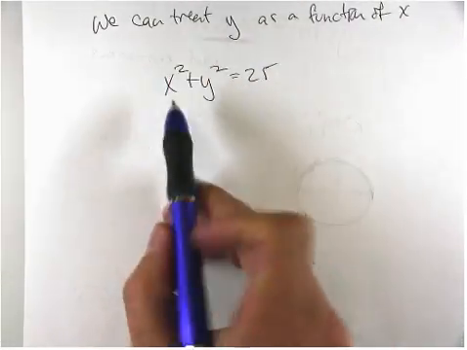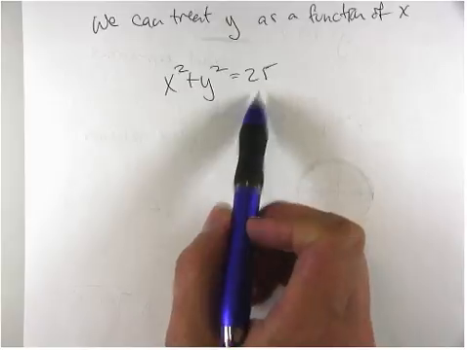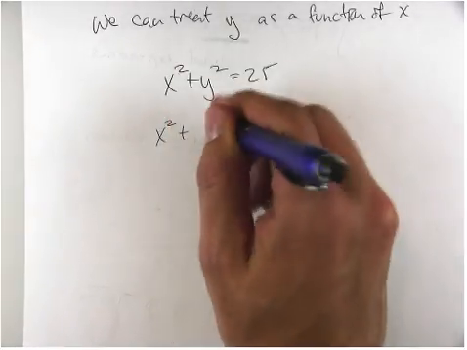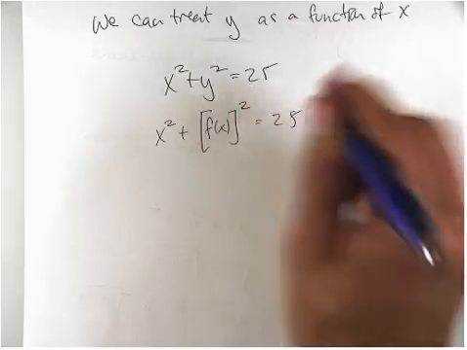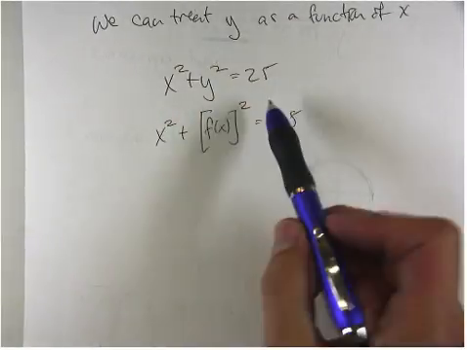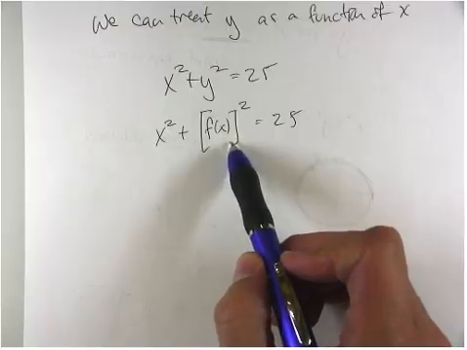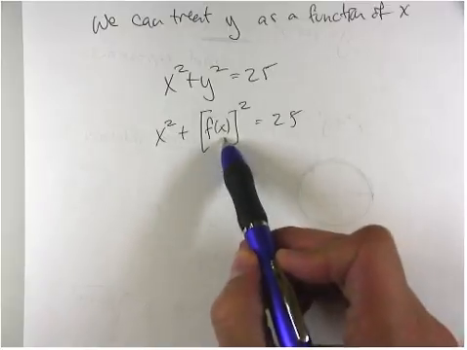So when I see something like x squared plus y squared equals 25, I'm really thinking this is x squared plus some mystery function squared equals 25. If you gave me an x, I could tell you what this y was. But I'm not going to take my time to figure out exactly what it is here.